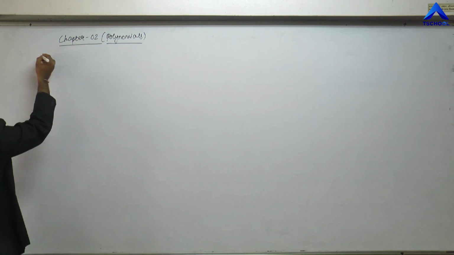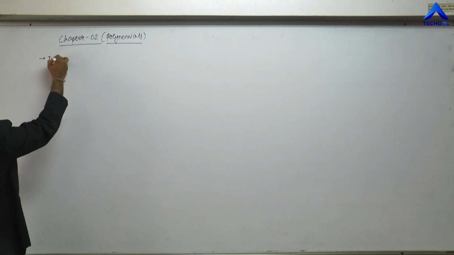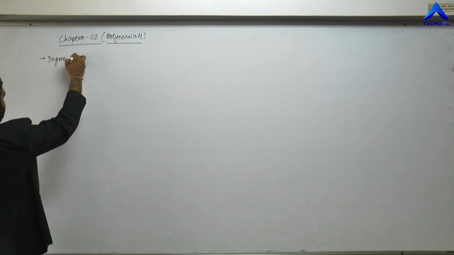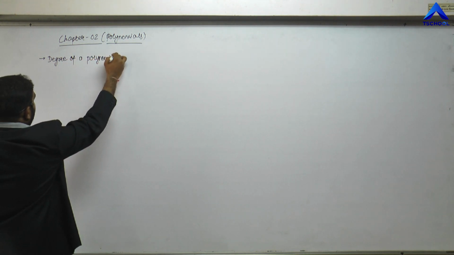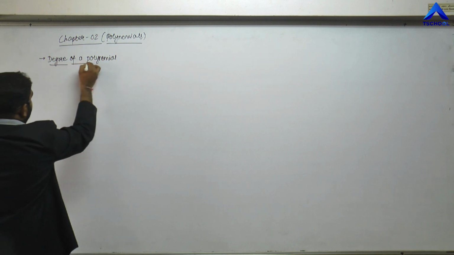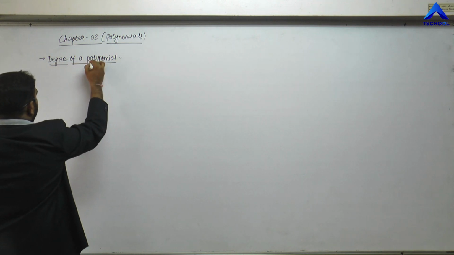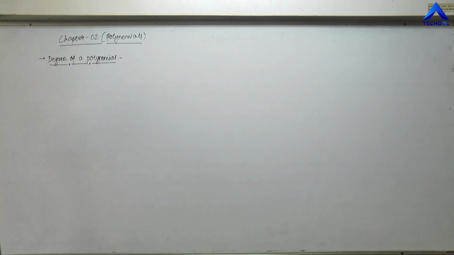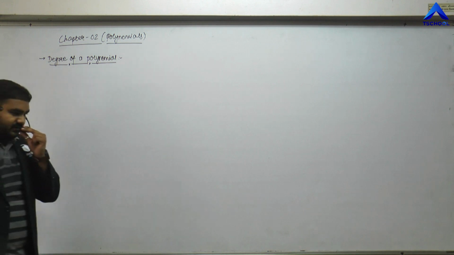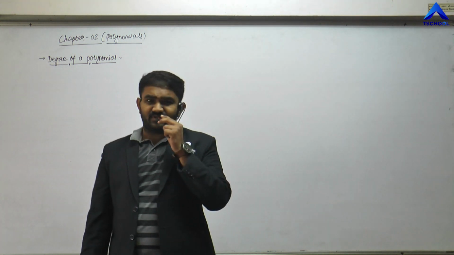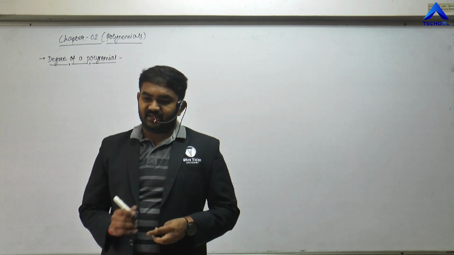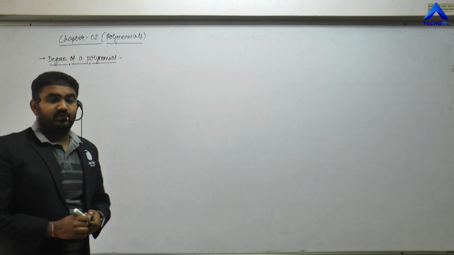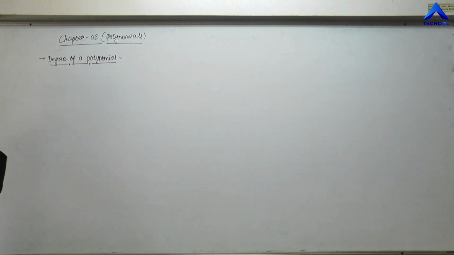The next topic is the degree of a polynomial. Degree simply means the order. Sometimes it is not called the order of the polynomial, but this is how we define the degree, and based on the degree of the polynomials, next we are going to study the classification.